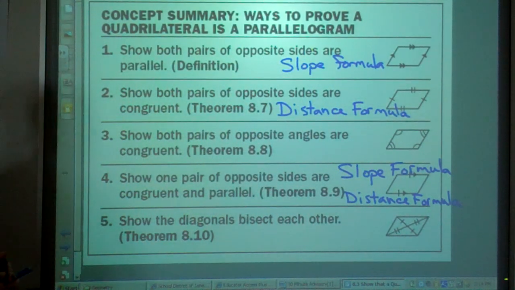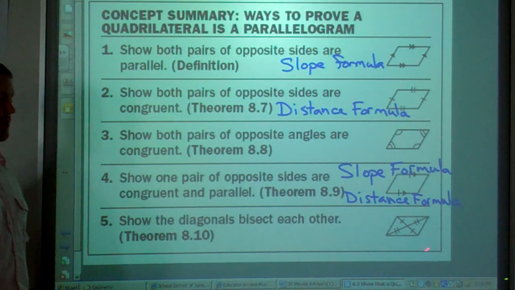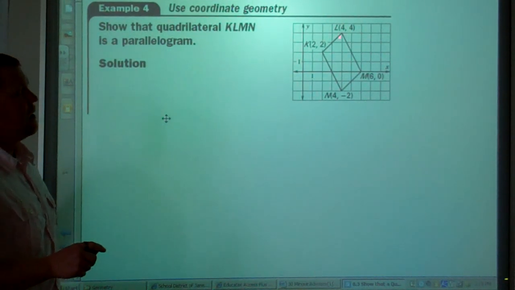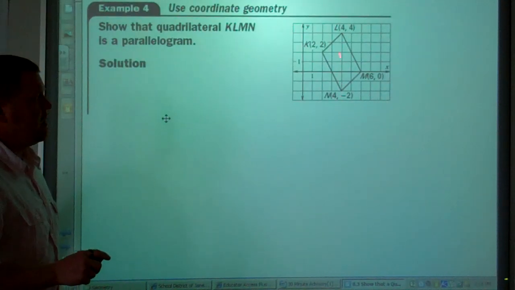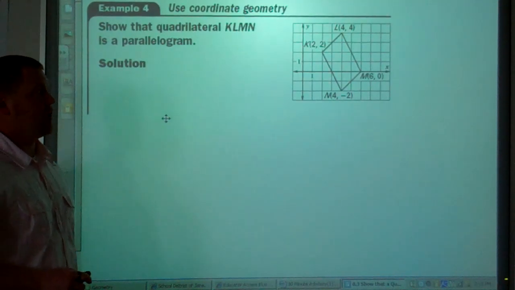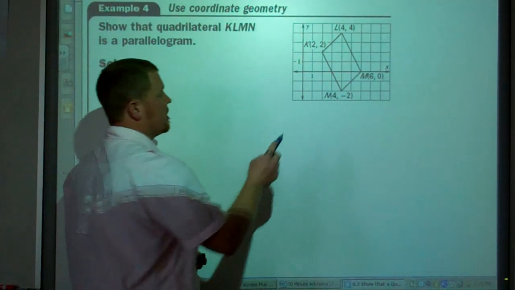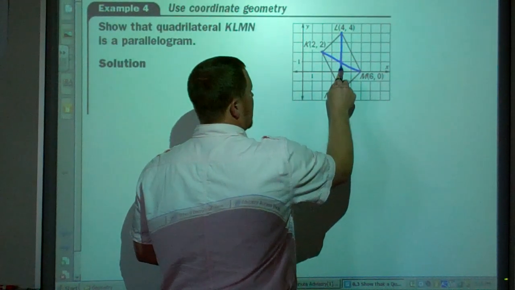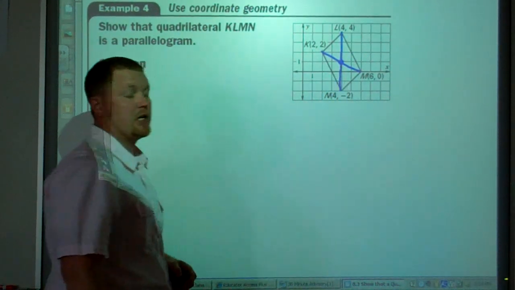Okay? And now the last one here, show the diagonals bisect each other. Alright, if we're looking at this figure here, diagonal LN and diagonal MK, how are we going to show if those diagonals bisect each other? Well, I want to look more closely at that point where they intersect. What do we know about that point?